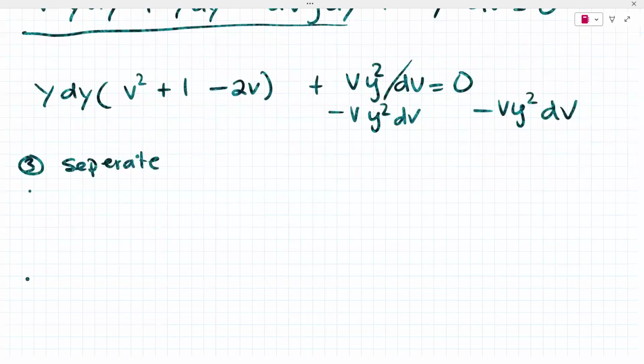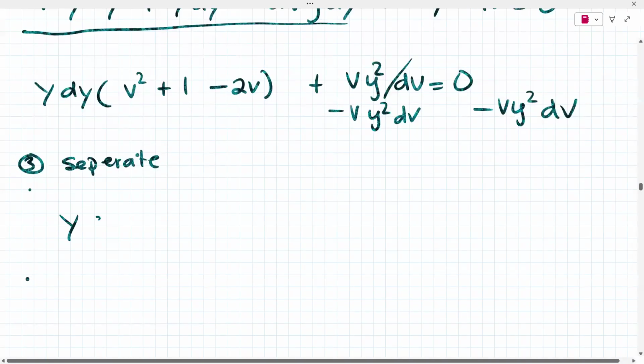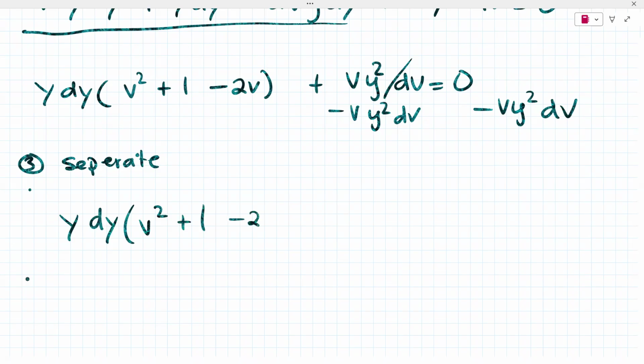It cancels, so you're left with y dy times v squared plus 1 minus 2v equals negative vy squared dv.